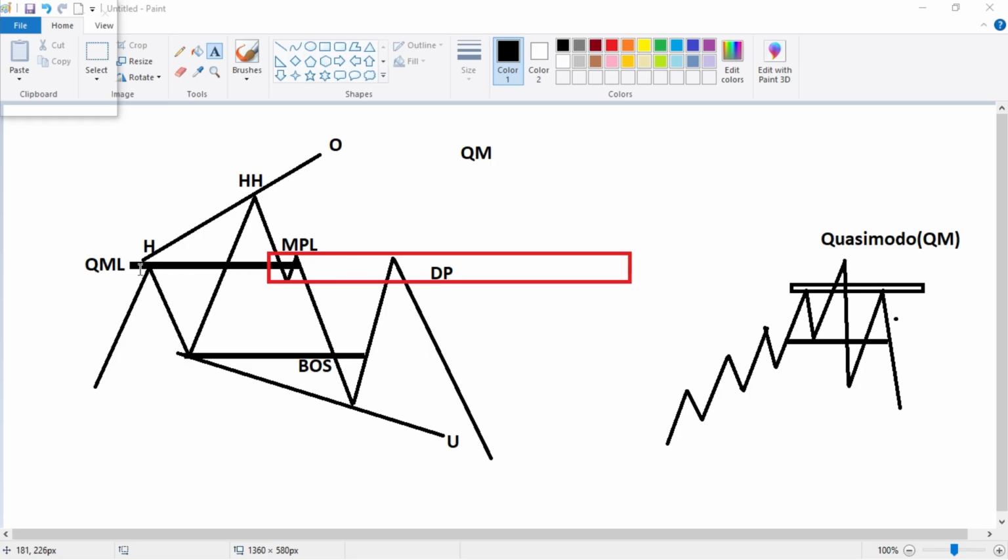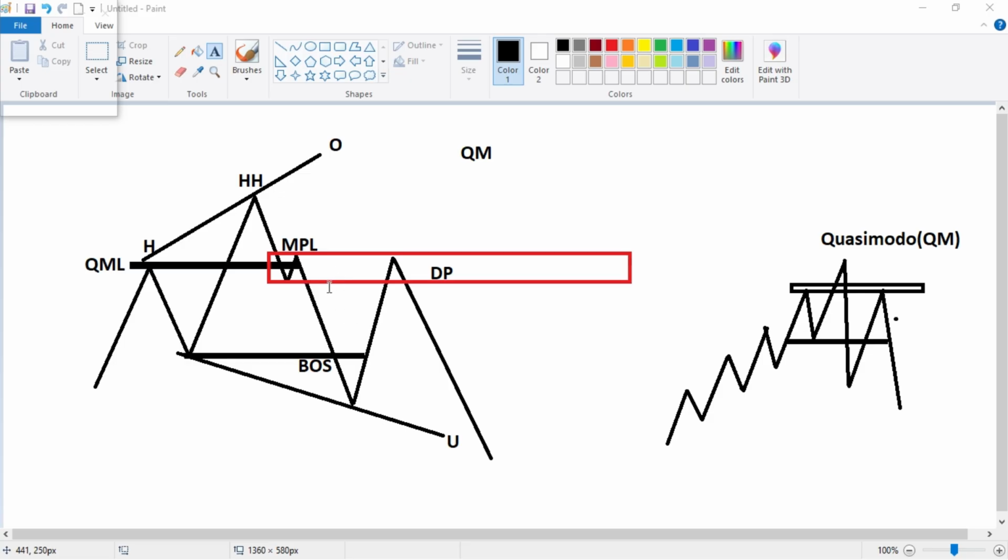This level over here on the left shoulder. So why do we place our entries on this left shoulder? Because this is where there is a lot of liquidity.